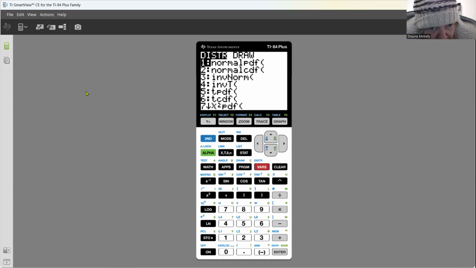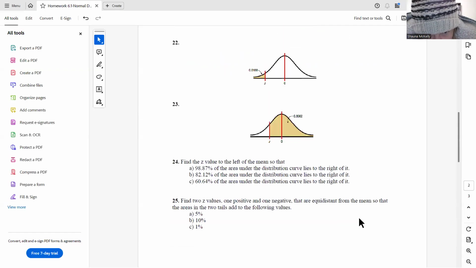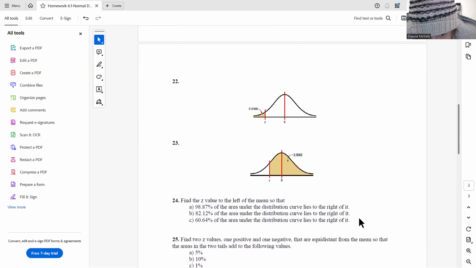Okay. What if we have a situation where area is given to us and we'd like to find the z-score? Is that possible? Well, it turns out it is.